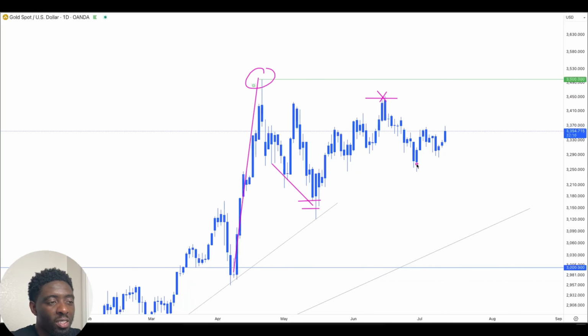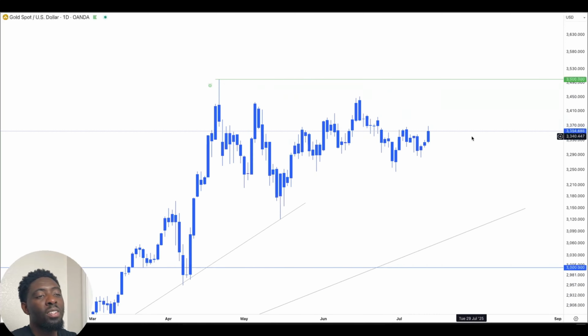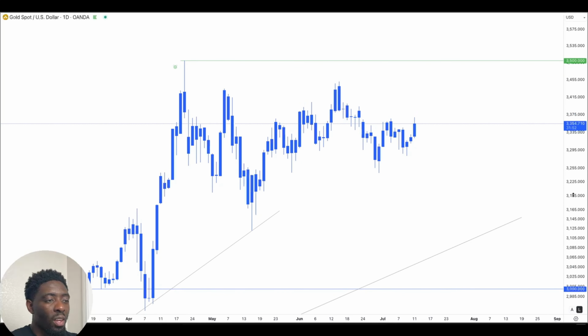Then sellers came in again. This gave us another impulsive move, and right here was a correction. Again, we're expecting these highs to get taken out, because it's always an impulse and a correction. You get another impulse and another correction right here, and you're expecting these highs to get taken out. So I'm going to clean this and make it bigger so we can see.